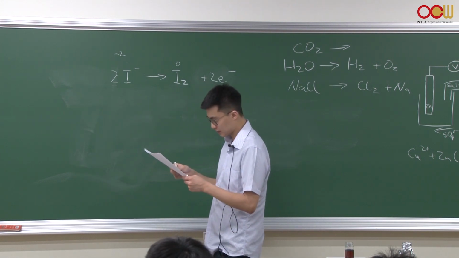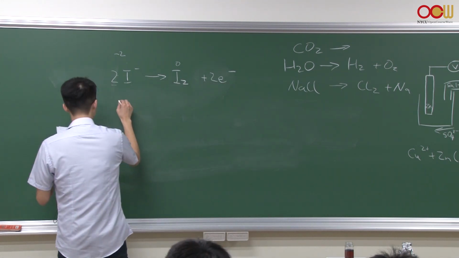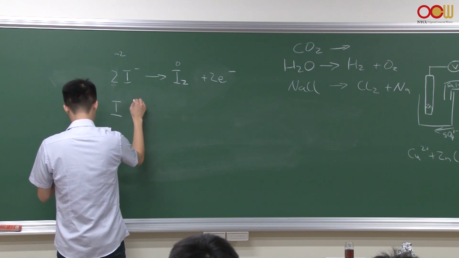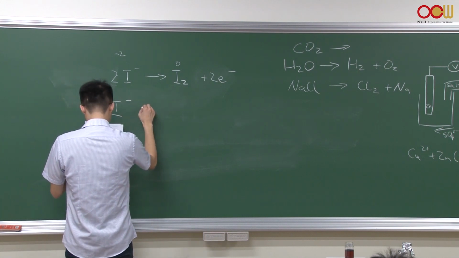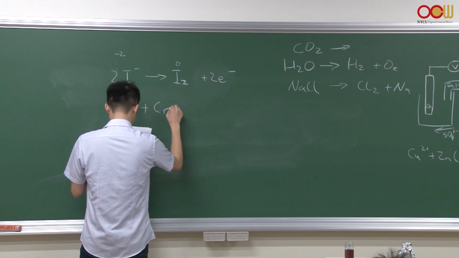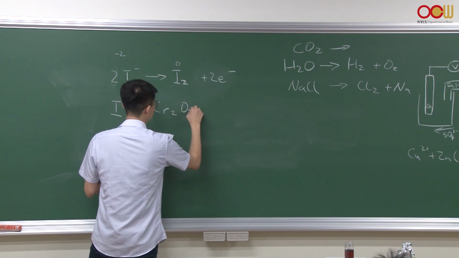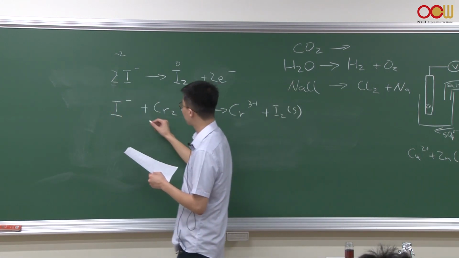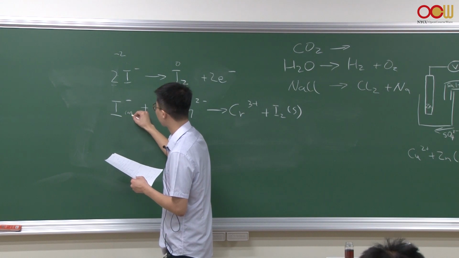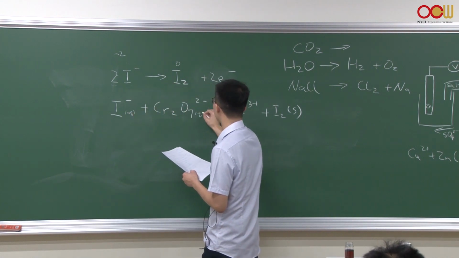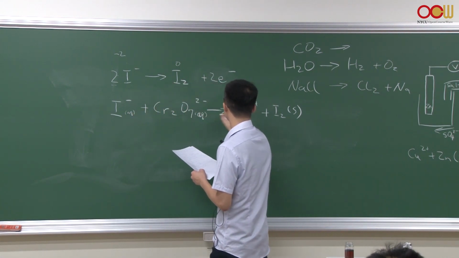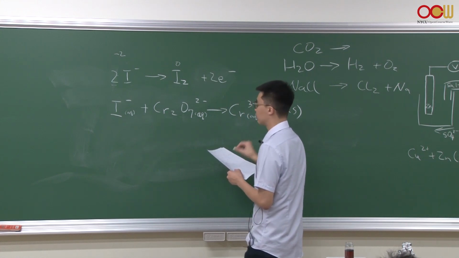So let's consider another, more complex case. We use iodide to react with dichromate. And in your book, you probably will see they have the notation here to tell you the state of each component.